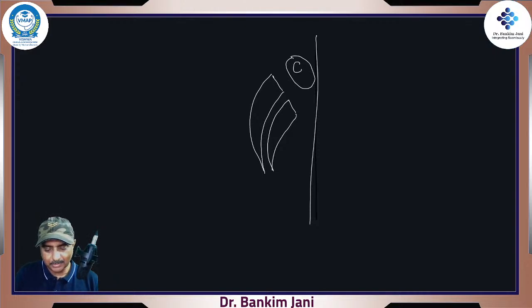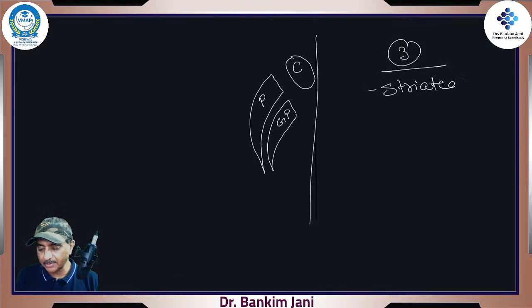So caudate, putamen, and globus pallidus. This is very schematic, but it will tell you many things. One, all these three nuclei have a striated appearance.